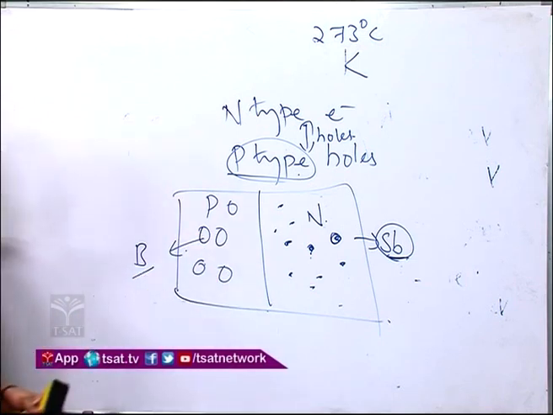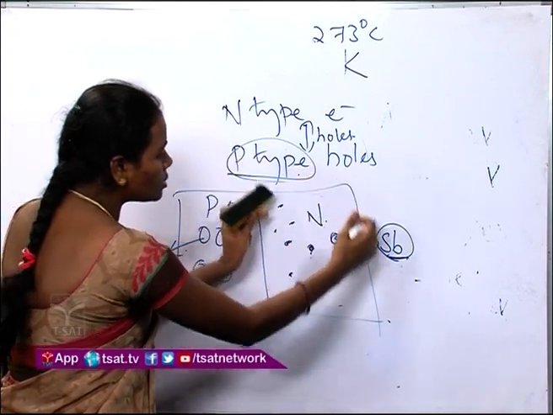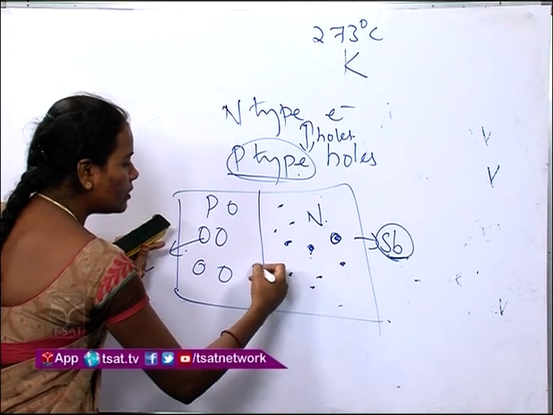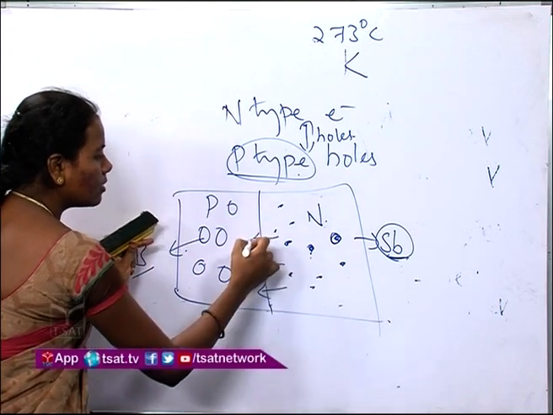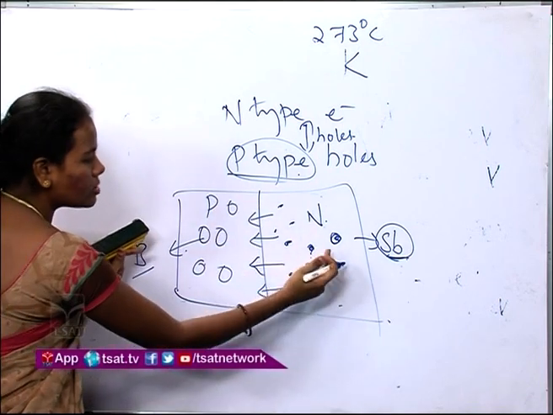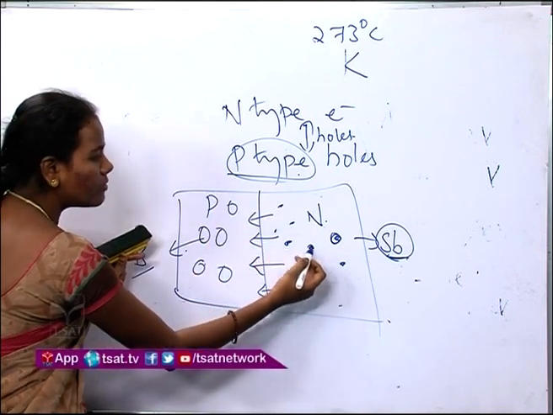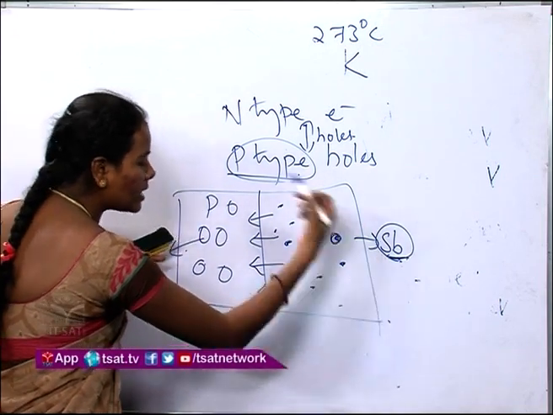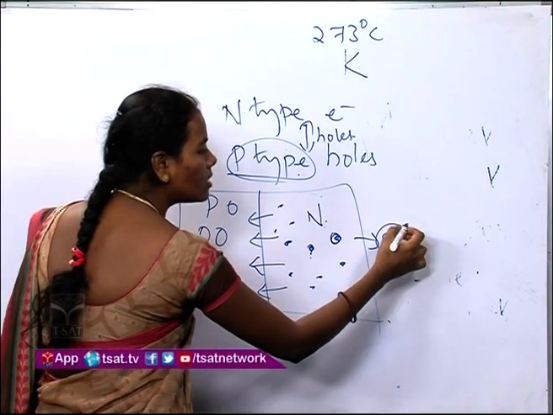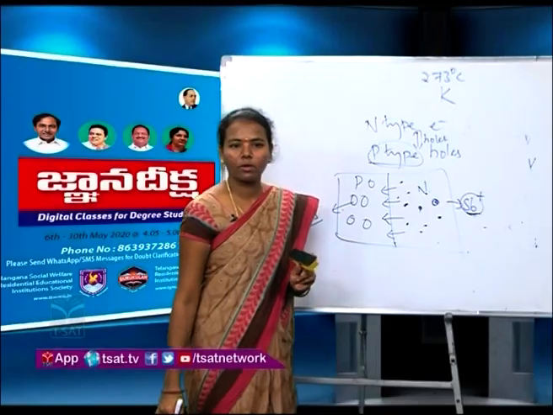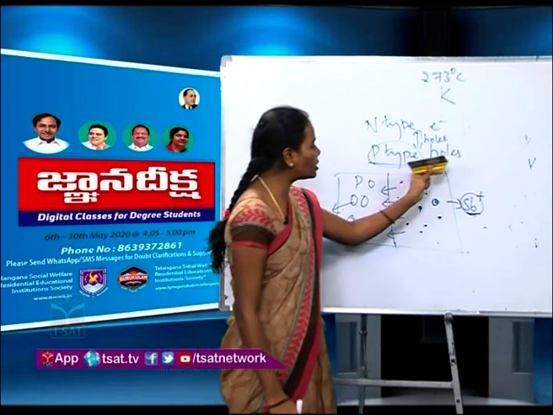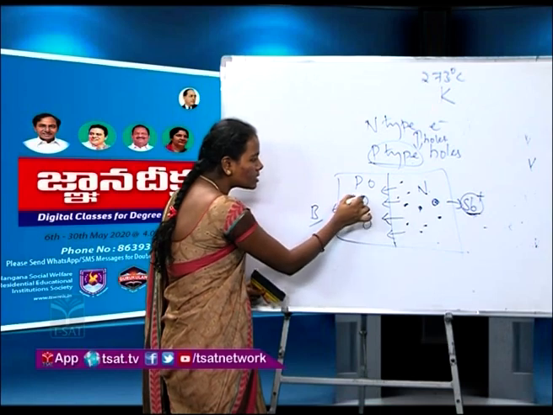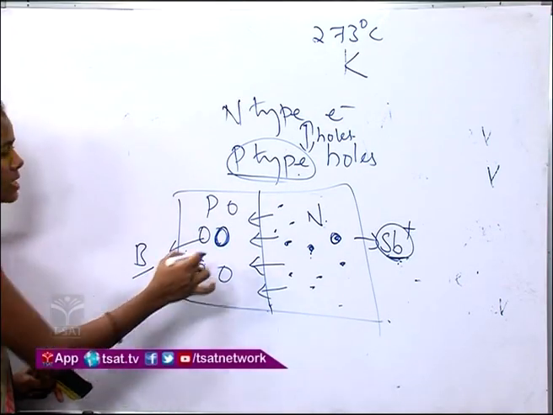So when the electrons are more in this region and less in this region, these electrons will diffuse to this side. When electrons leave this parent atom, what happens? This becomes positive. And these electrons will come here and fill these holes.